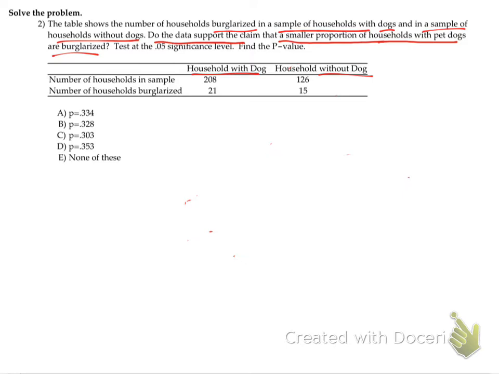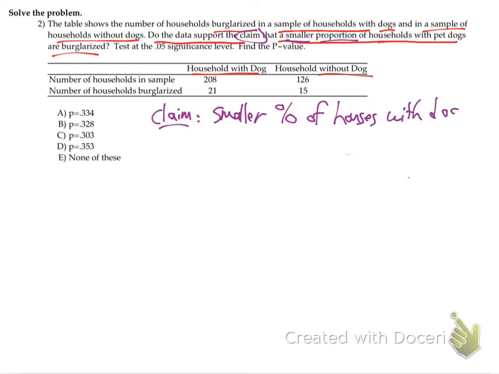Okay, so again, the battle on this exam 4 is identification. There are so many tests. How do you know what's what? What'll really help you is carefully reading the words, especially when they say claim. What's the claim? A smaller percentage of houses with dogs are burglarized.